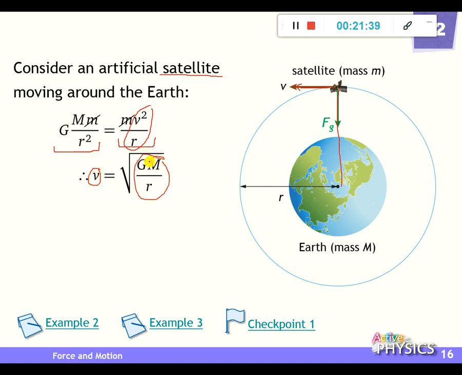It depends on the mass of the Earth, this constant, and also the separation of it. Then you can notice that v does not depend on mass.